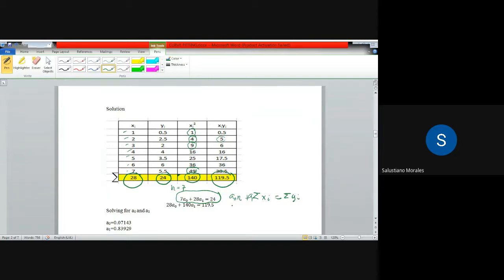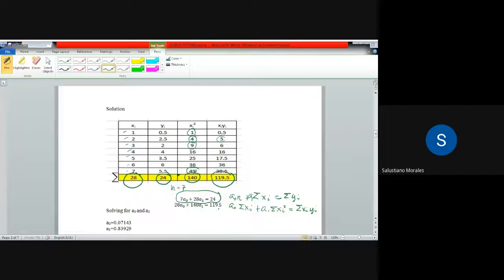Yung susunod na equation is A0 times the summation of xi plus A1 times the summation of xi squared should be equal to the summation of xi y sub i. The summation of xi is 28, so we have now 28 times A0.